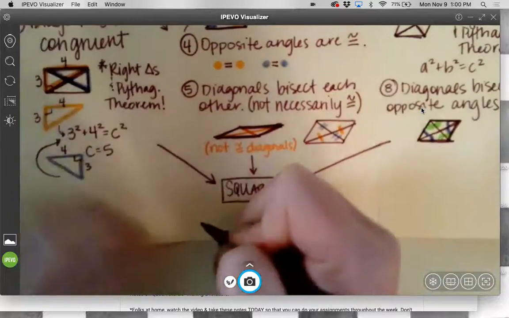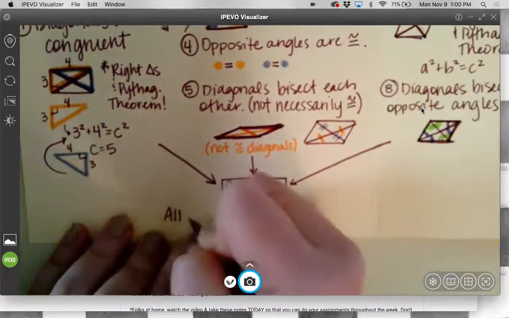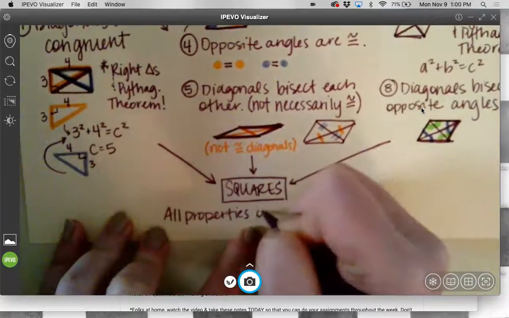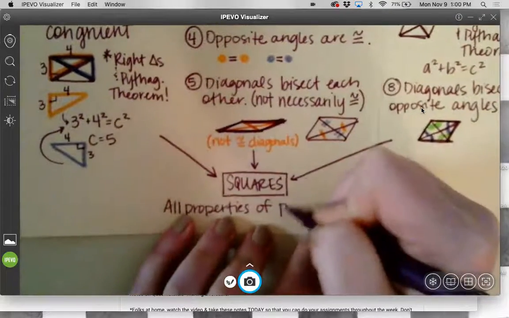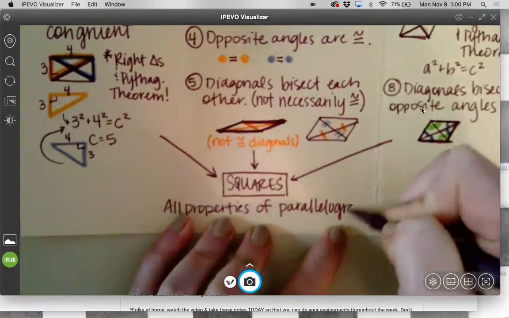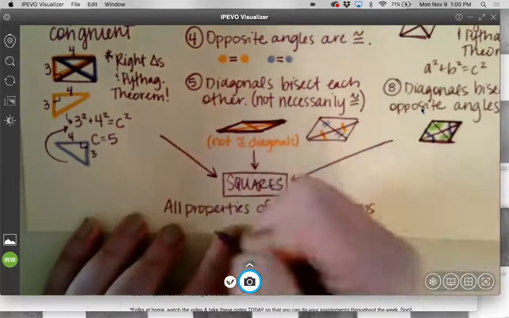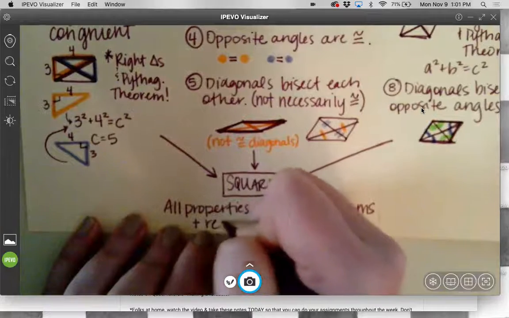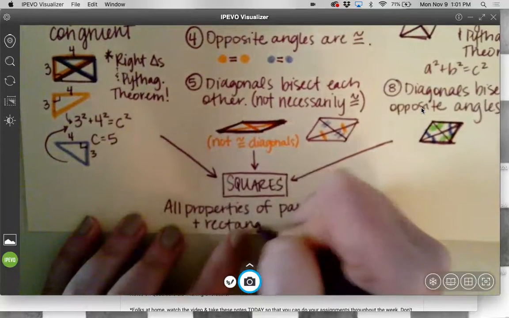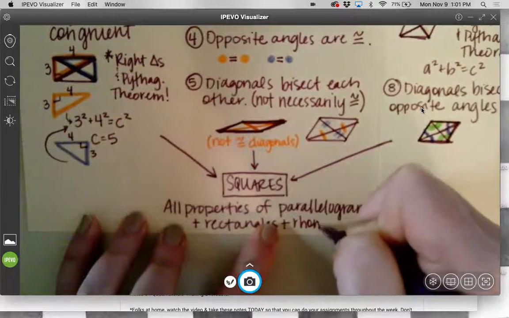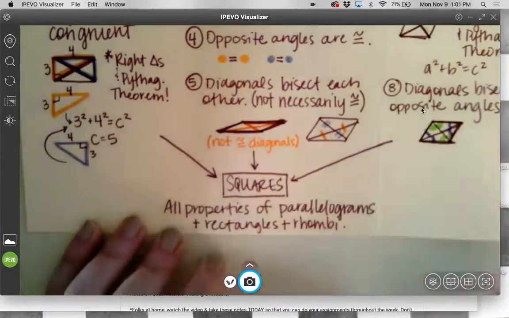Squares have all properties of parallelograms, plus rectangles, plus rhombuses or rhombi.